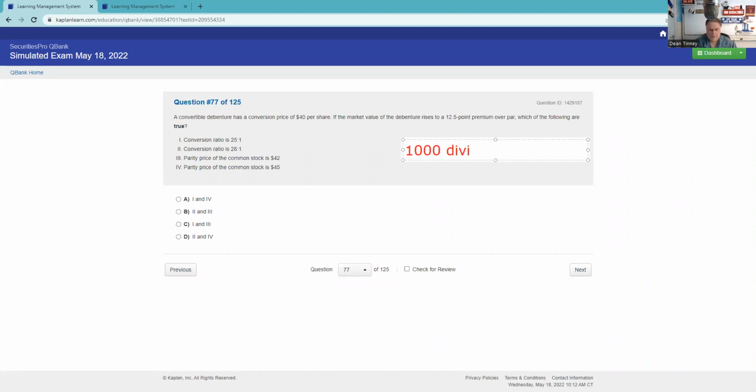I'm going to divide par, which is 1,000, by $40 a share, and I get my conversion ratio, which is 25 shares. Now, not being facetious, Dean is terrible on arithmetic, so I'm just going to check that. Yeah, so back in business.